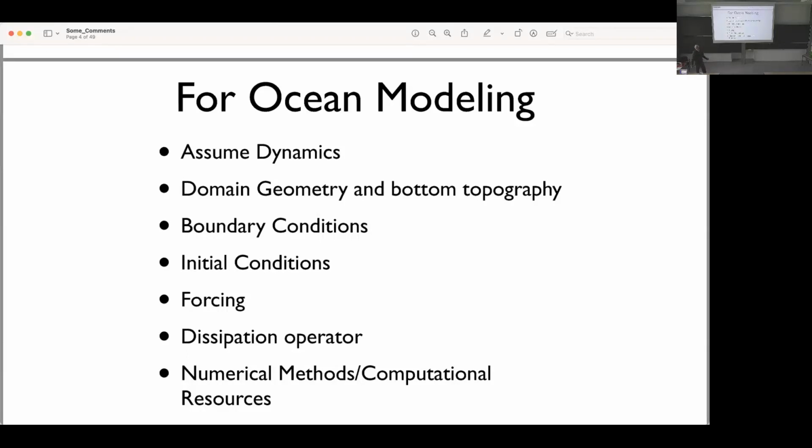And of course, mathematically, there are no answers until we impose boundary conditions and some initial conditions. We need to know forcing and dissipation operators, which is very easy on a molecular scale but becomes much more difficult at a finite scale, and then numerical methods and computational resources. And traditionally, once you made these choices and started your simulation, everything was deterministic.